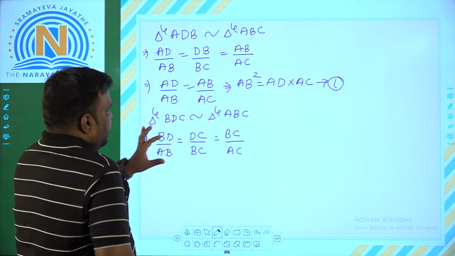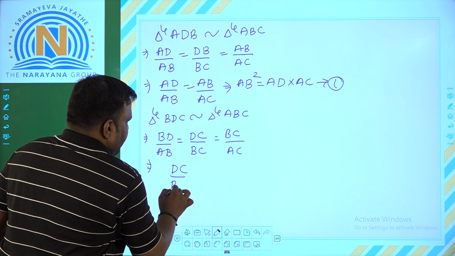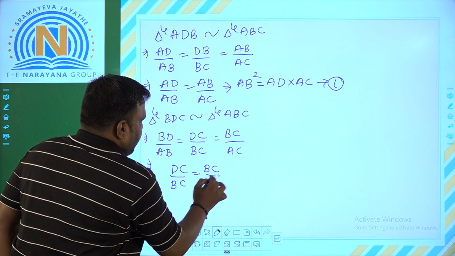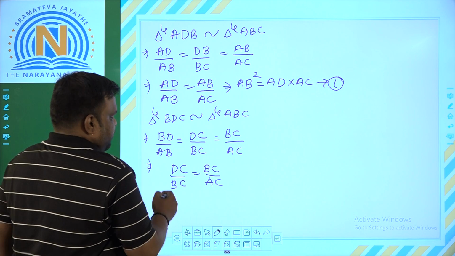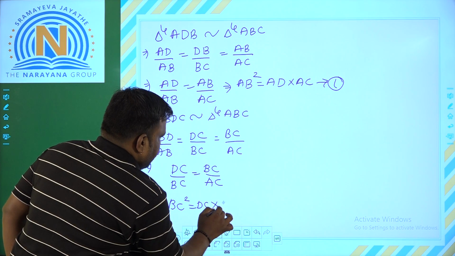Okay, now consider the second and third one. So here it will be DC by BC is equal to BC by AC. Cross multiplying, I am left with BC square is equal to DC into AC.